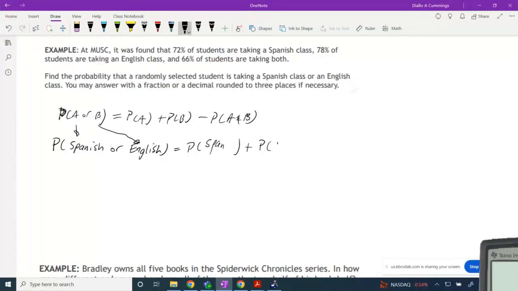That should be Spanish plus the probability of students taking English minus the probability of the students that are taking Spanish and English at the same time. I've written that out in words. They give us the probabilities in the problem. So the percentage of students taking Spanish is what?